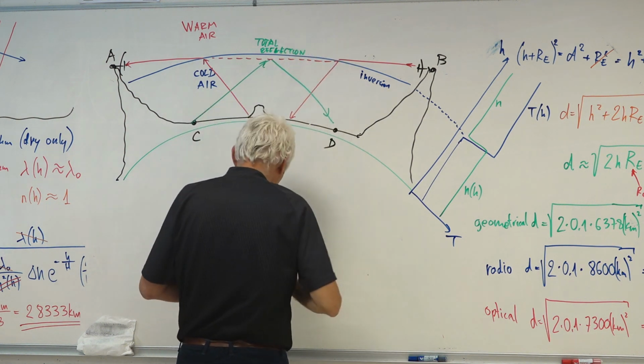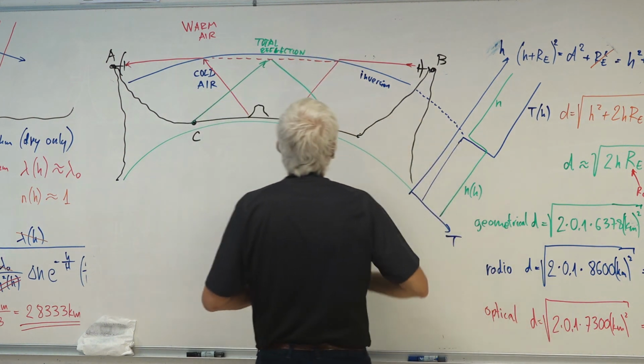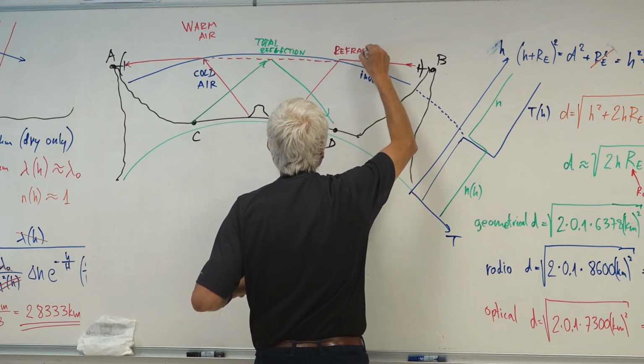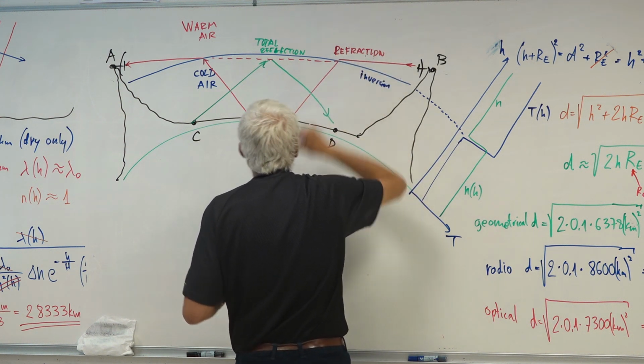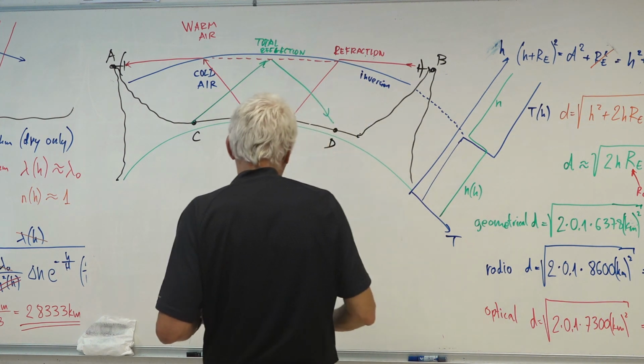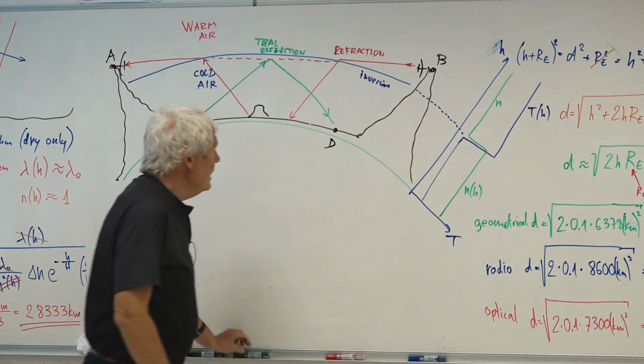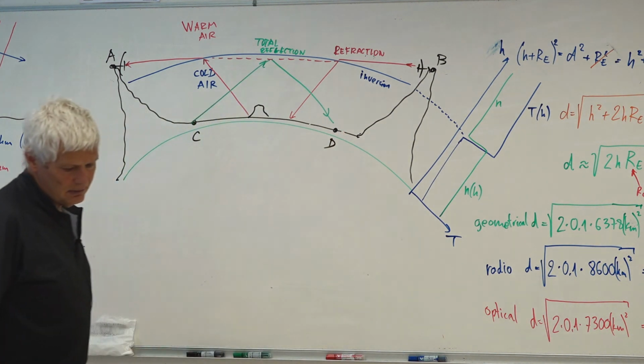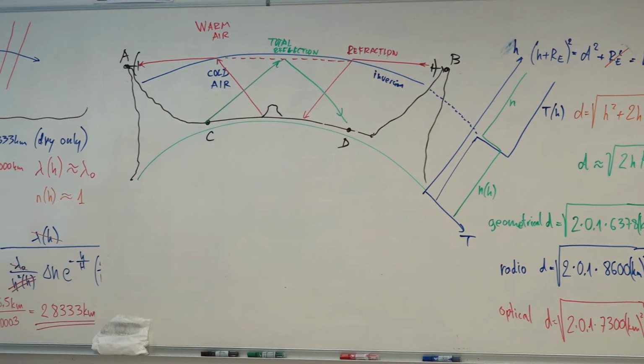This was a refraction here. Up here was a refraction. I made a total reflection. So in the case of this inversion layer, I may get a contact between C and D that before had no visibility. They had no visibility before, and now I have a radio link.